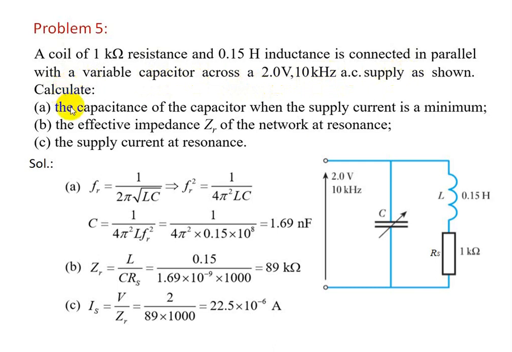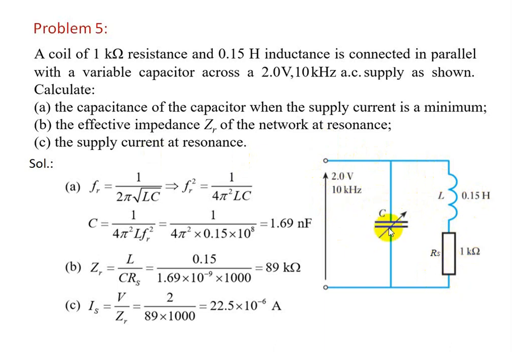Calculate the capacitance of the capacitor when the supply current is minimum, the effective impedance ZR of the network at resonance, and the supply current at resonance. So this is the given circuit. A 2 volts, 10 kilohertz supply is applied to this network. C is the variable capacitance, L is 0.15 Henry, and the resistance is 1 kilo ohm.